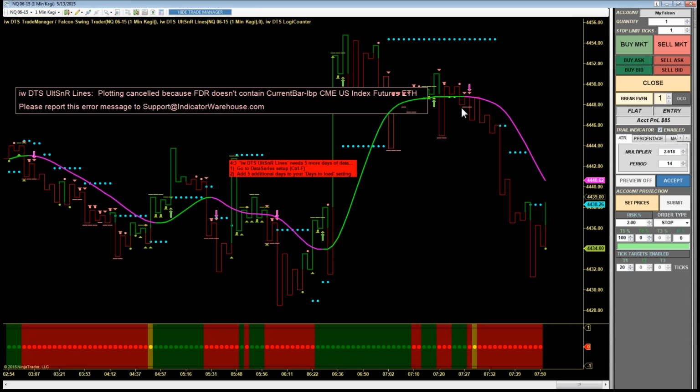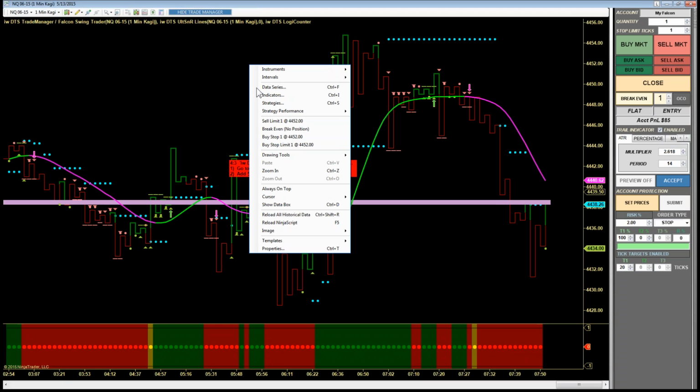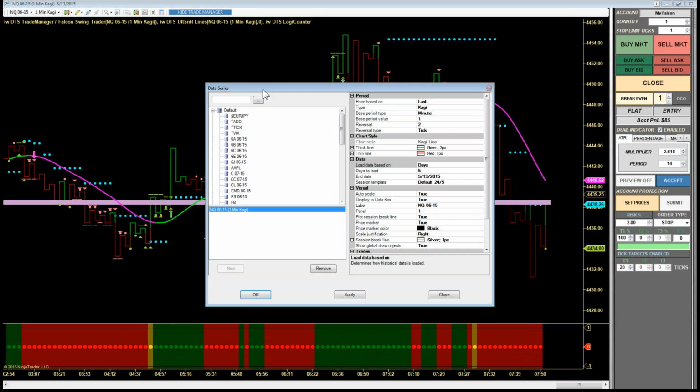Nice little trend change signal up here that had some decent follow through to it. But the recommended chart style would be the mean Renko bars from Indicator Warehouse. Those come as part of the DTS package.